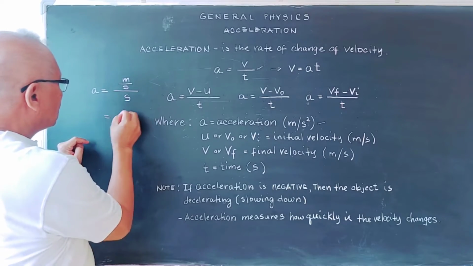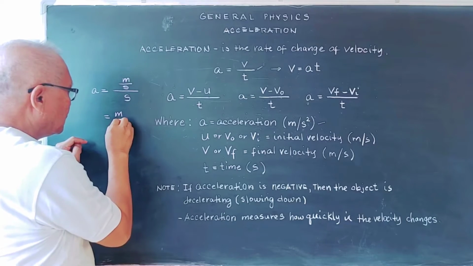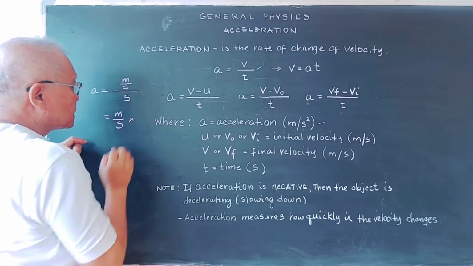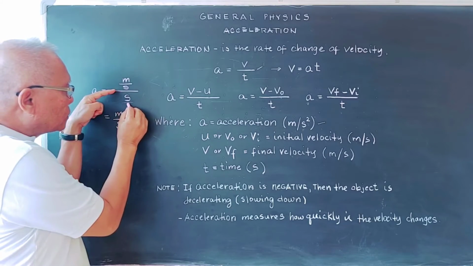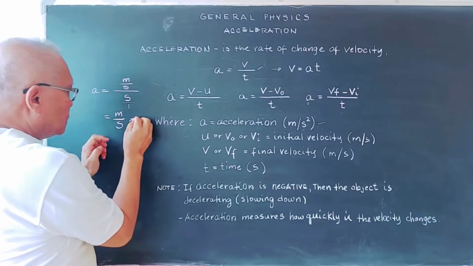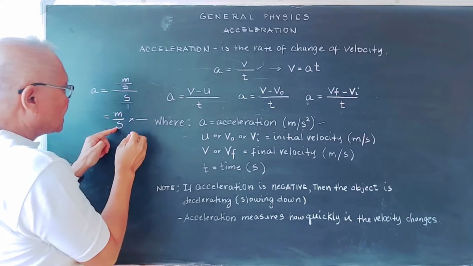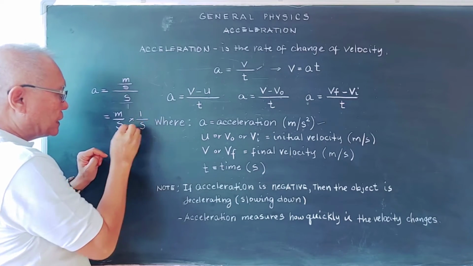In the fraction, we have meter per second, times, since this is the fraction bar, second over 1 reciprocal. So we multiply this by the reciprocal of s, which is 1 over s.